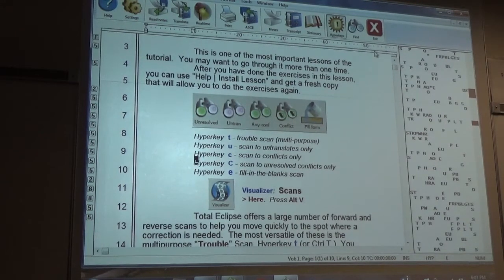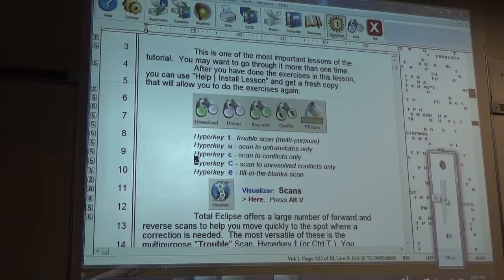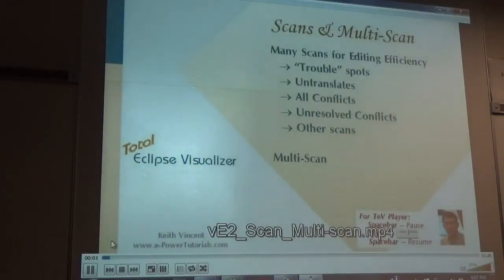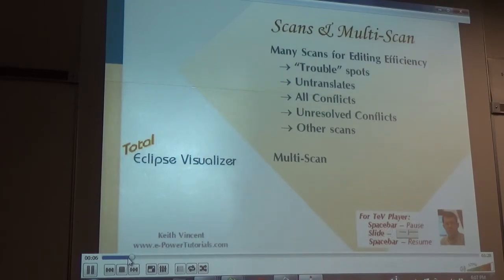But what we're going to talk about today, again, is trouble spots, trouble scans, untranslates, conflicts, unresolved conflicts, and fill in the blanks. Okay? Eclipse offers a large number of scans as well as multi-scan for quick editing of your document.